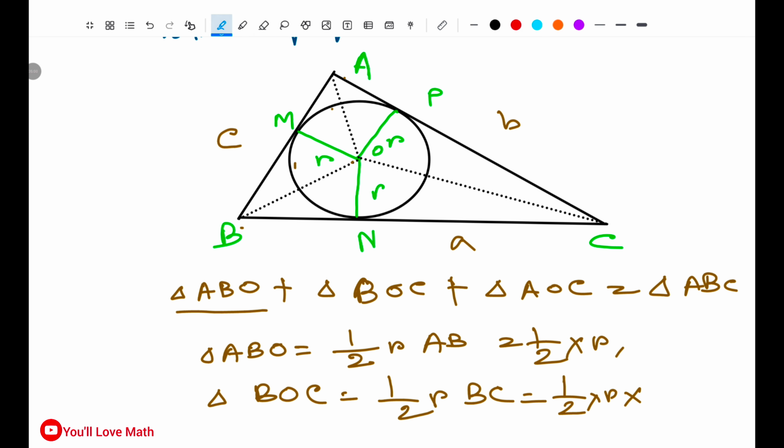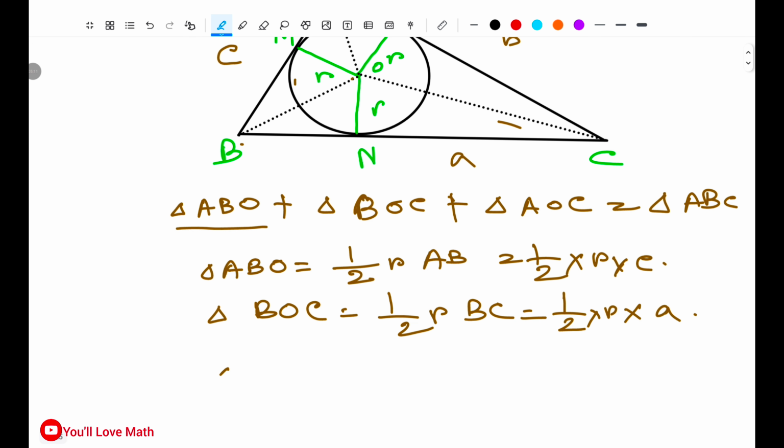So half into R into c. For BOC we are getting half into R into BC, that means half into R into a. And for triangle AOC we are getting half into R into AC, that means half into R into b.